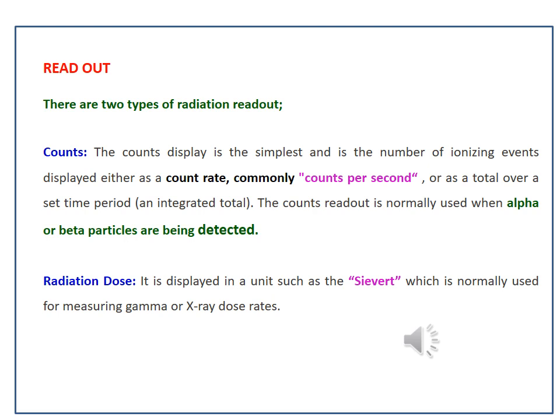The count readout is normally used when alpha or beta particles are being detected. The second one, the radiation dose, is displayed in a unit such as sievert, which is normally used for measuring gamma or X-ray dose rates.